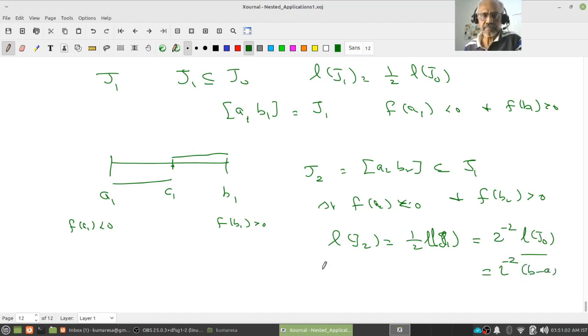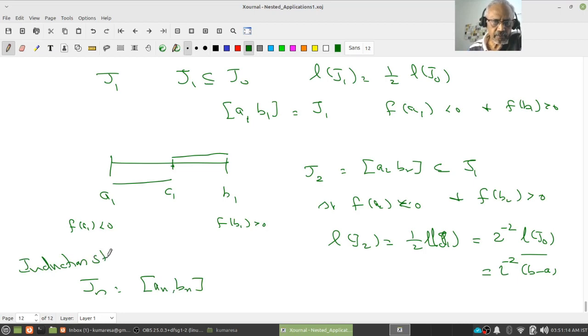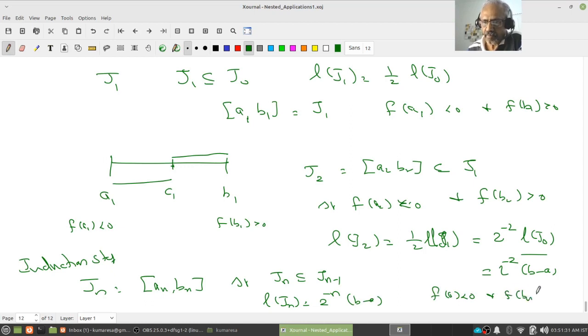Have you understood? So suppose I have produced Jn, which is [an, bn], the induction step, so that Jn is contained in Jn minus 1, the length of Jn is 2 to the power minus n times (b minus a), and if Jn is [an, bn], then f(an) is negative and f(bn) is positive.